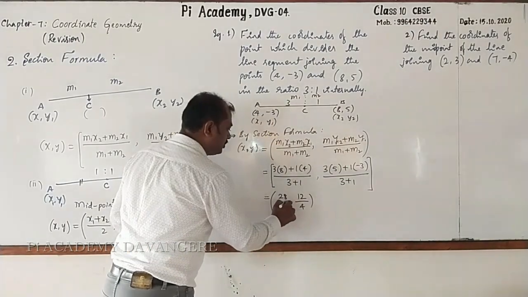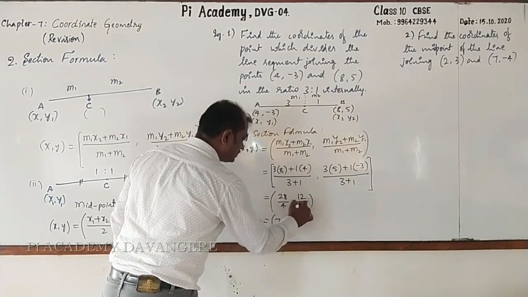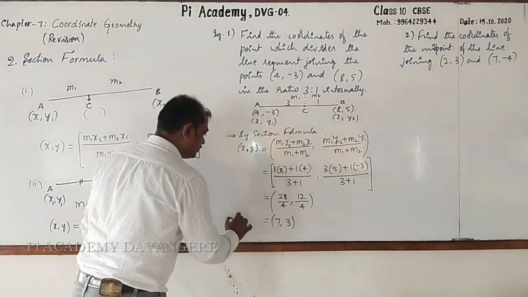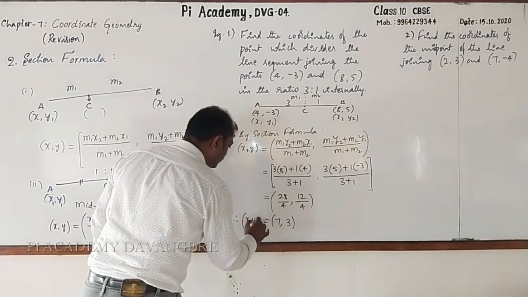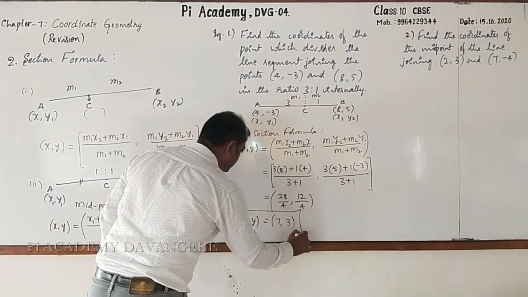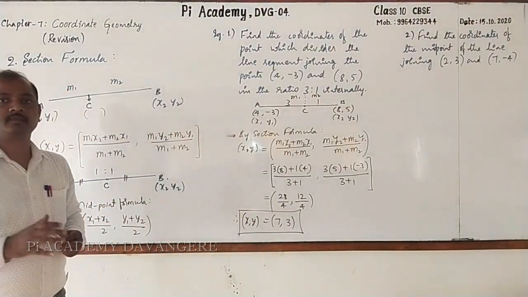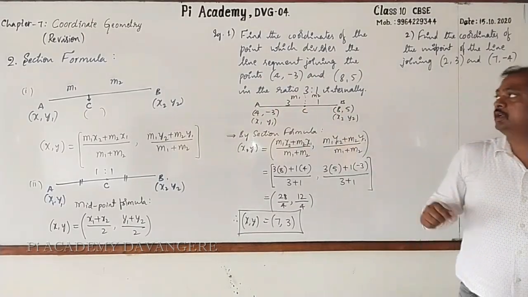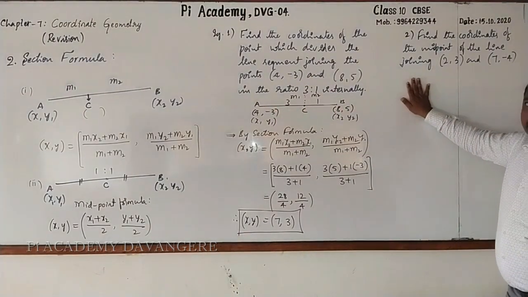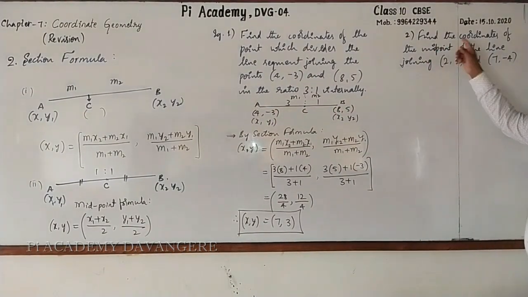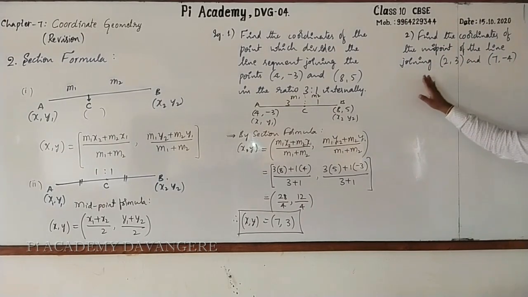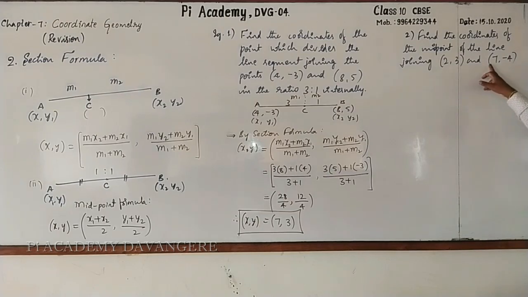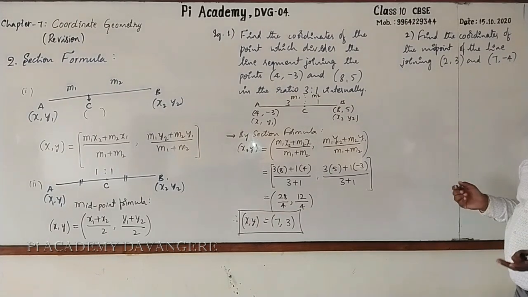Cancel it. 4 1s are 4, 7s are 28. 4 1s are 4, 3s are 12. Therefore, x, y is equal to 7, 3. Got it? Is it not simple one? Definitely. Now, go to the second one and write. Find the coordinates of the midpoint of the line joining 2, 3 and 7, minus 4.